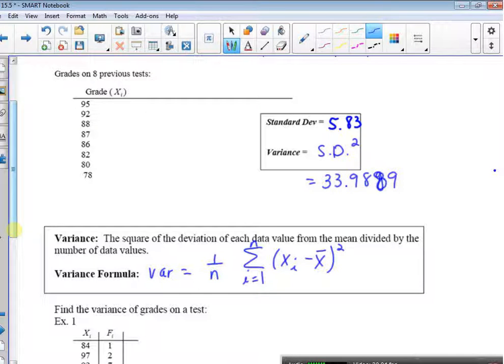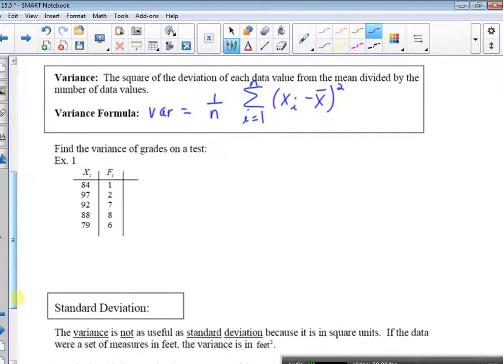These are other measures of dispersion as well, and they measure how spread out the data is maybe a little bit better than the range or the interquartile range or the mean or the median. So find the variance of grades on a test, and here are the grades. All we need to really do is find the standard deviation.